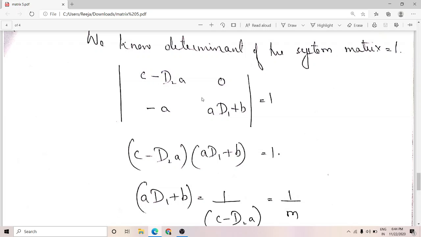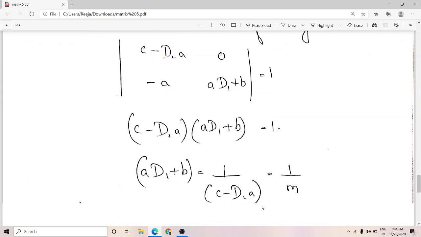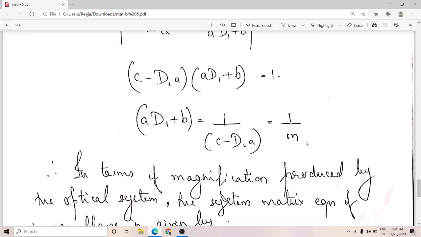Or the product of these two terms must be equal to 1, or a d1 plus b is equal to 1 by c minus d2a, or it is equal to 1 by m, because we have found that m is equal to c minus d2a. So a d1 plus b is equal to 1 by m.